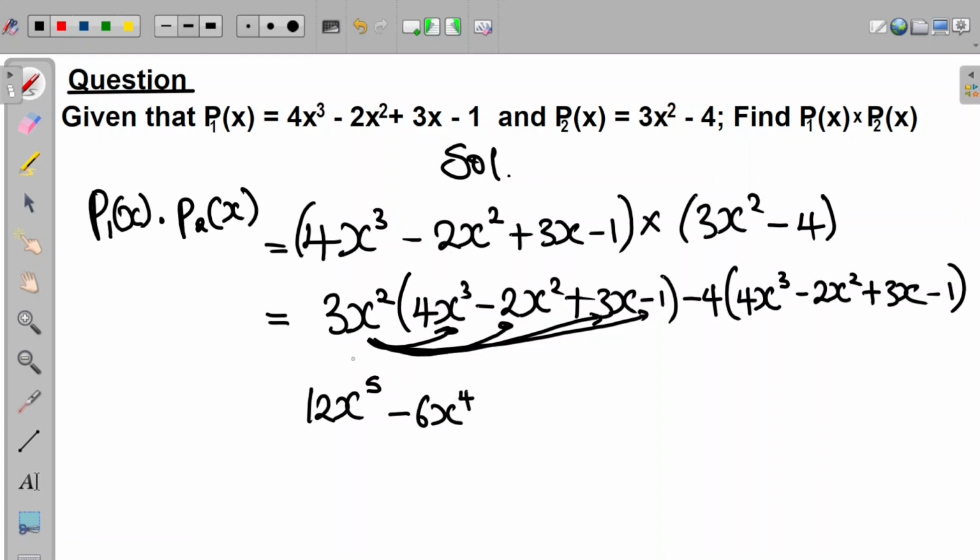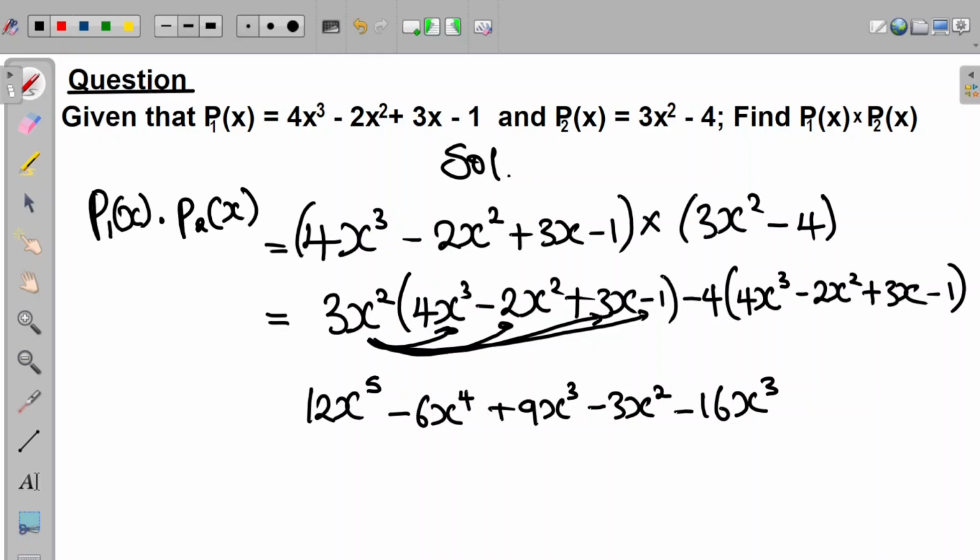And 3x squared multiplied by 3x is plus 9x cubed. And 3x squared multiplied by minus 1 is minus 3x squared. Also at this point, minus 4 times 4x cubed is minus 16x cubed.